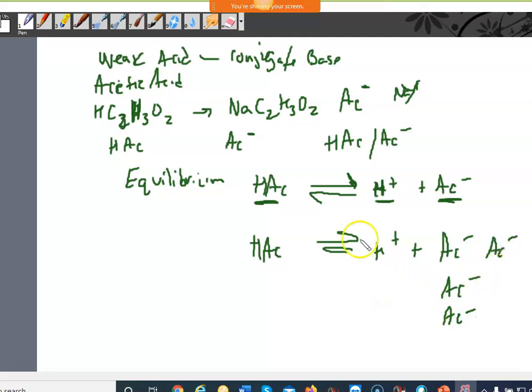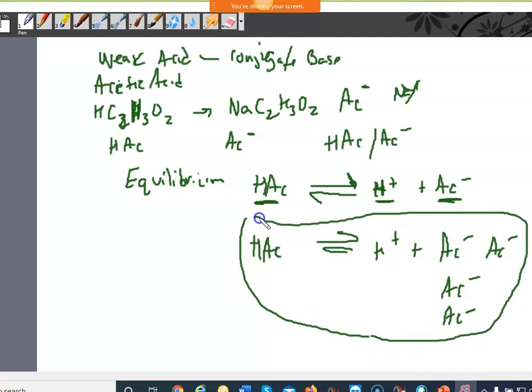This is basically our buffer. I have a small amount of HAC, I've got H plus ions, and I have a lot more of these AC minuses because I added these into it. It's not just our acetic acid, it's our acetic acid plus our AC minus in the form of sodium acetate.